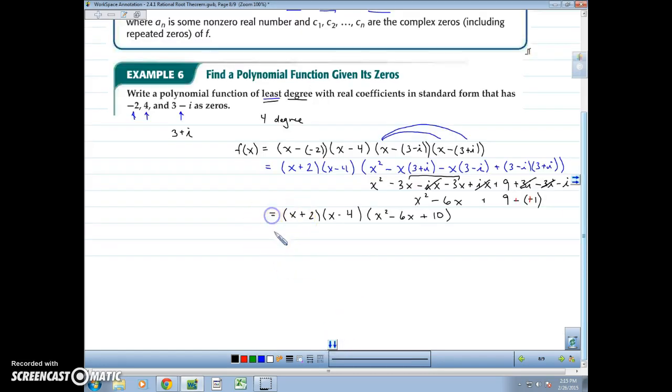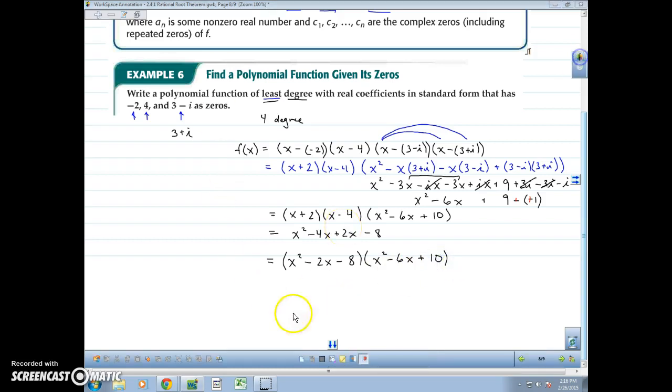So we still need to continue FOILing. x times x is x squared. x times negative 4 is negative 4x, plus 2x, minus 8. We'll combine those terms. This is x squared minus 2x minus 8. That's my first quadratic trinomial. My second one is x squared minus 6x plus 10.